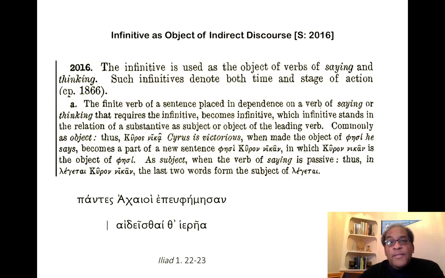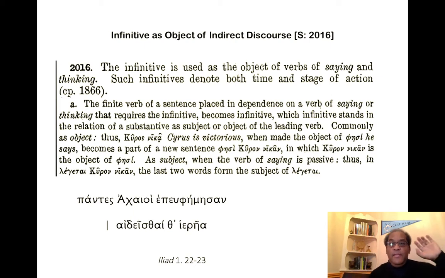Now, this infinitive as the object of indirect discourse is one of the two sides of the way the infinitive gets classified: either as object of indirect discourse or a whole other group of usages which are not in indirect discourse.